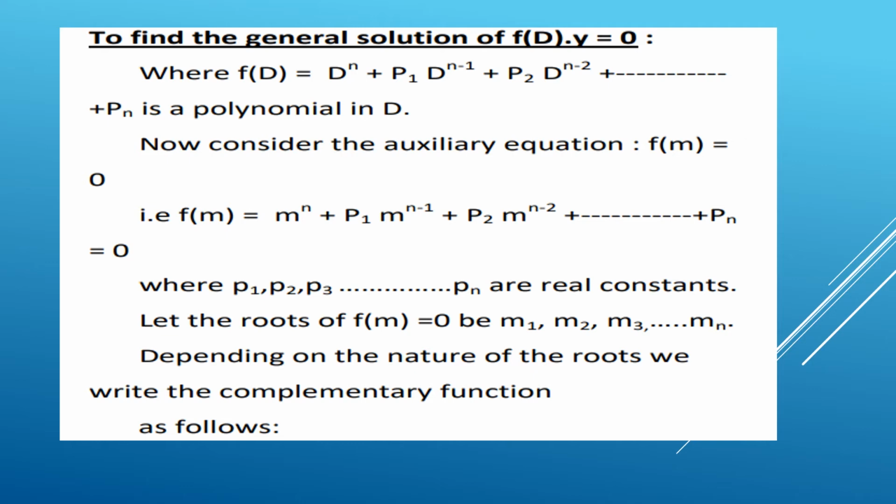As we all know from previous classes in intermediate, the slope m is equal to dy by dx, which is the differentiation of the function f, and p1, p2, p3 and so on are real constants. To find the roots of the function, these are m1, m2 of the given roots. Depending upon the nature of the roots, we consider many complementary functions. We can write the given complementary function as follows.